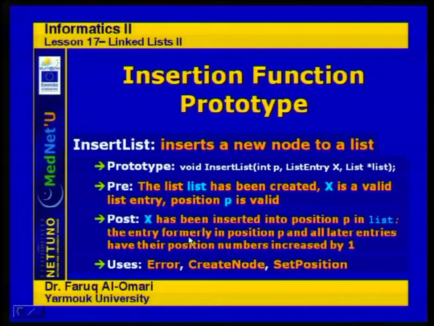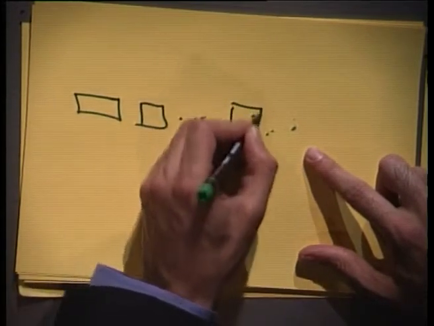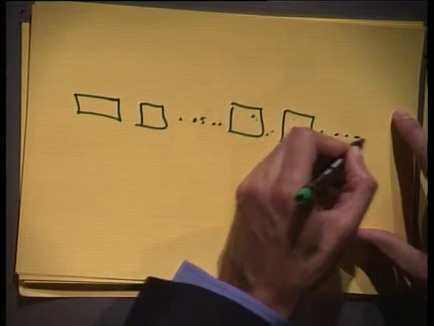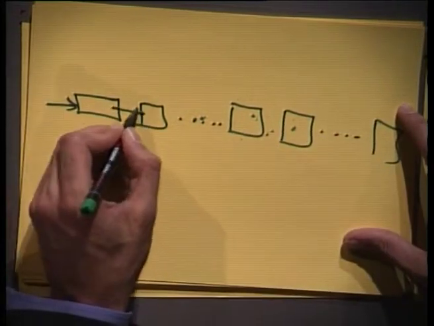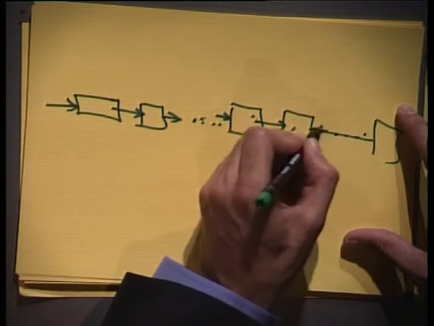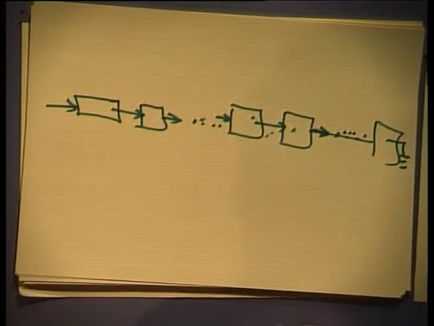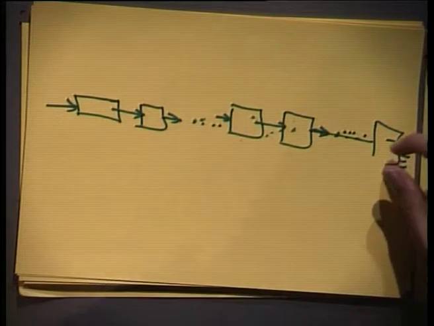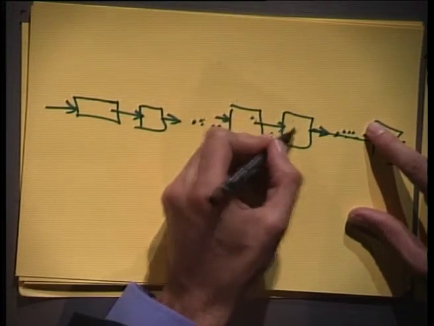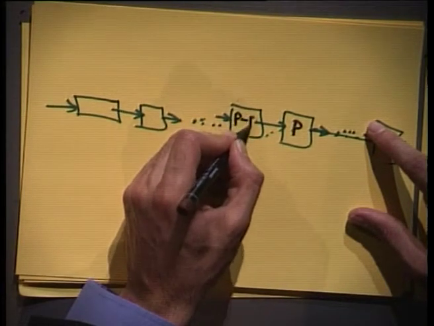The entry formerly in position P, this one, dot, dot, dot, null down here, okay? And let's say this is node number P in the list, and of course this is number P plus 1.